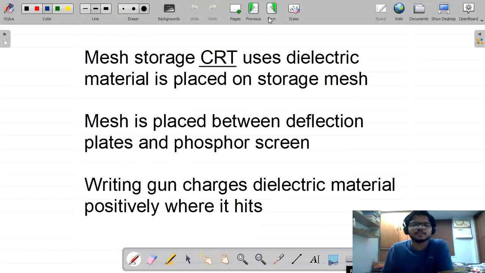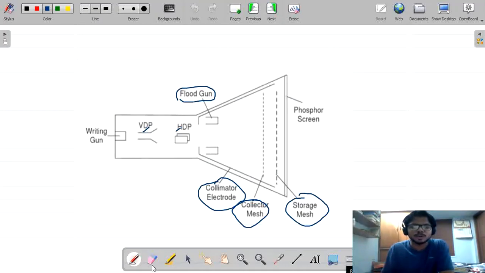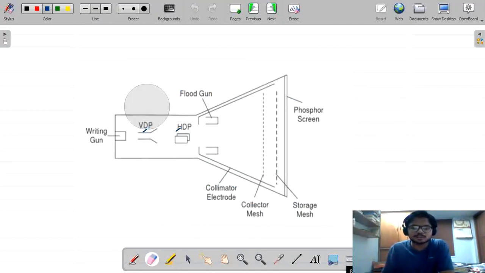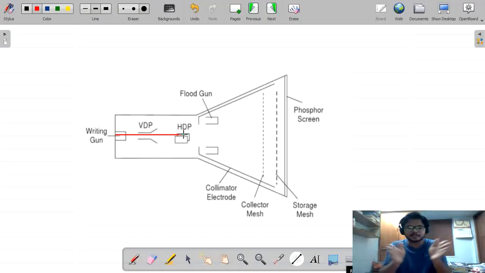Now we will see the explanation of how this storage oscilloscope actually works. Suppose this electron gun is used to produce electron beams. We have already discussed that the electrons are deflected based on the deflection plates, so the electrons will try to reach the phosphor screen.